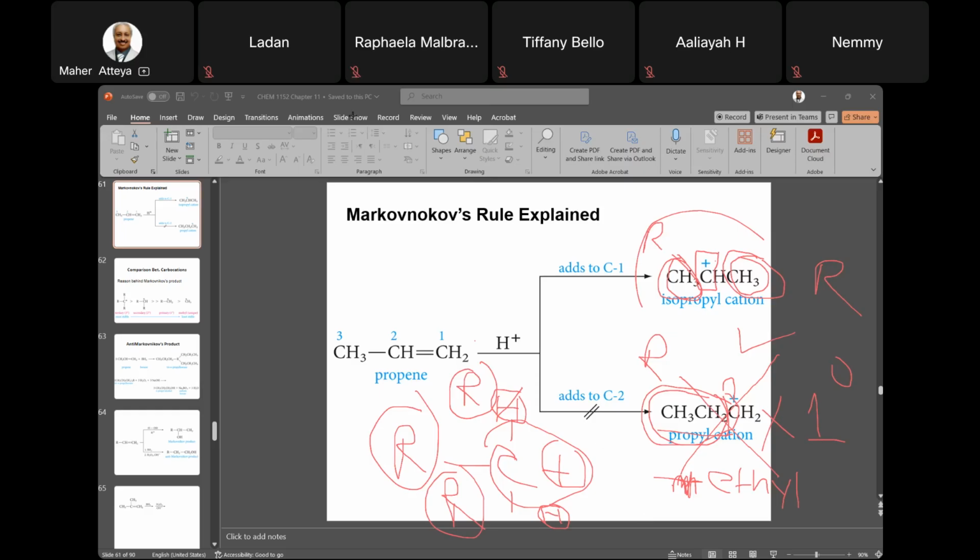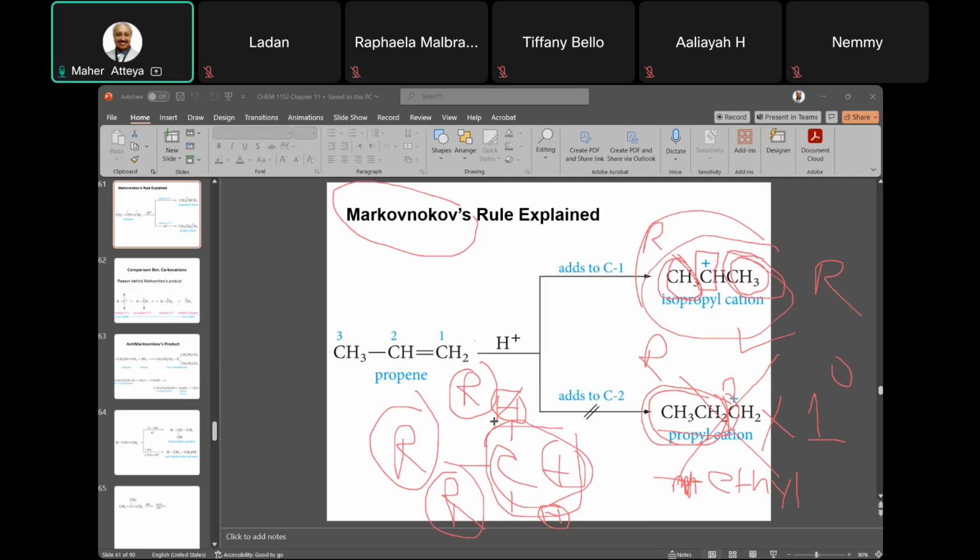So Markovnikov will tell you that the stability of the carbocation, the positive charged carbon, depends on how many groups are connected to this carbocation atom. The tertiary, with 3 R's, 3 substituents, is more stable than the secondary with 2 like here.